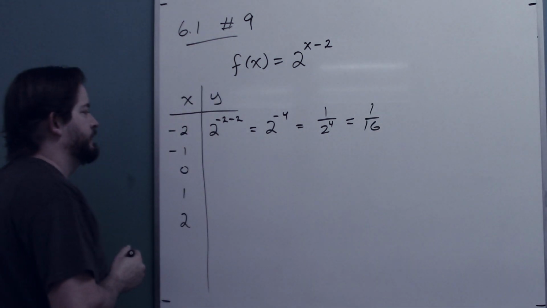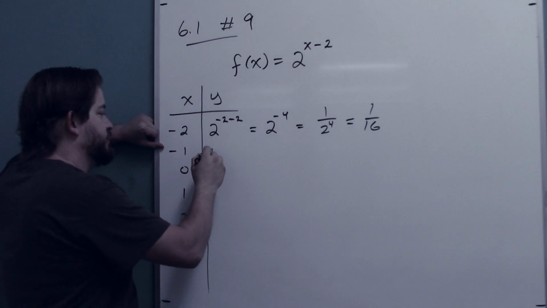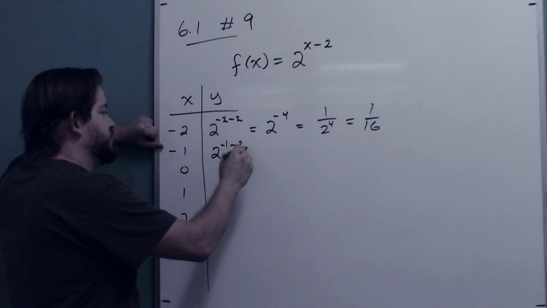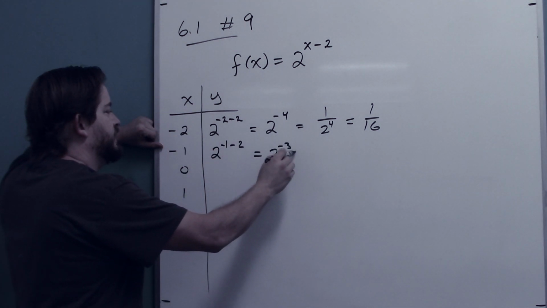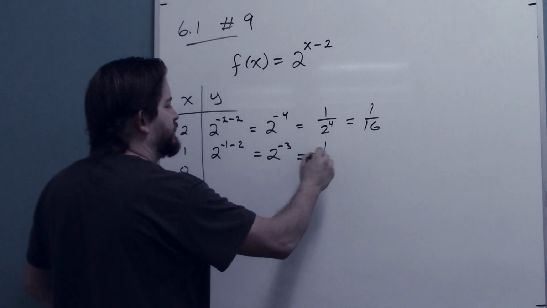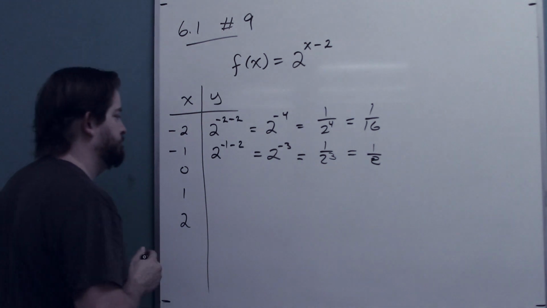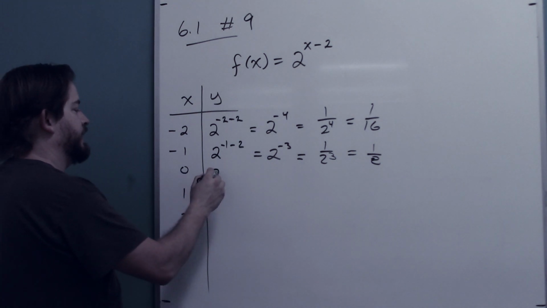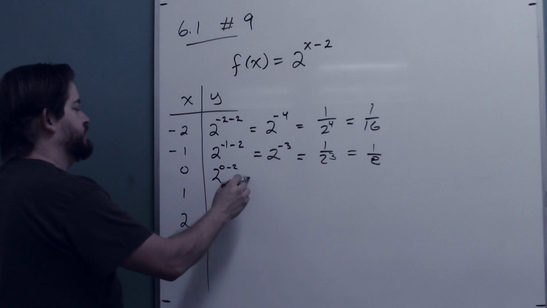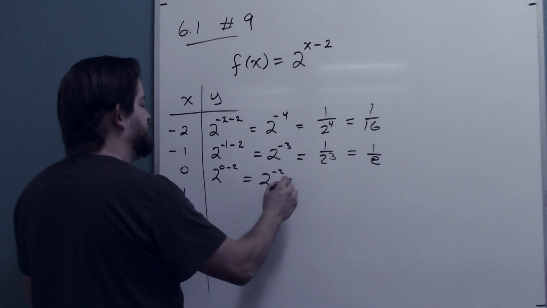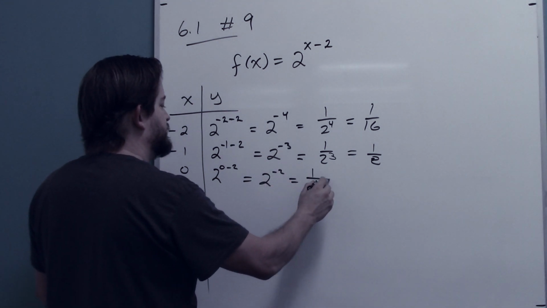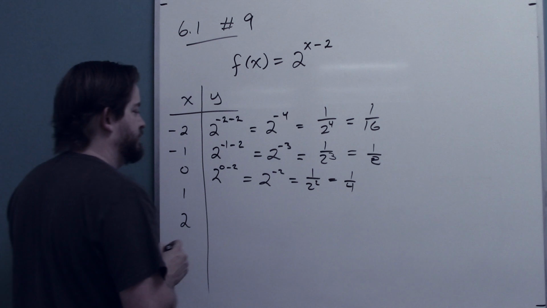Okay. X is negative 1 gives me 2 to the negative 1 minus 2, but that's 2 to the negative 3. This is 1 over 2 to the 3rd, and that is 1 over 8. If it's 0, then I got 2 to the 0 minus 2, which is 2 to the negative 2, which is 1 over 2 to the 2, which is 1 over 4.